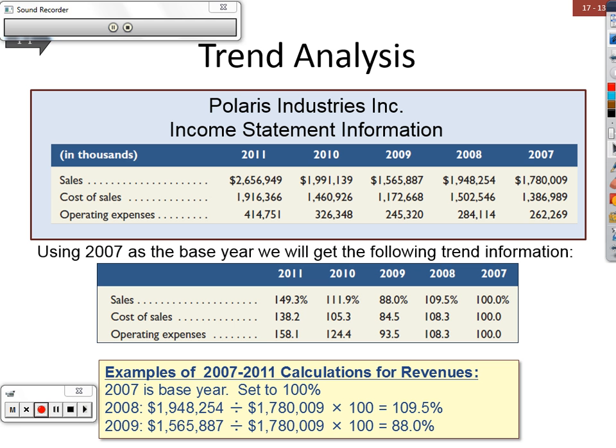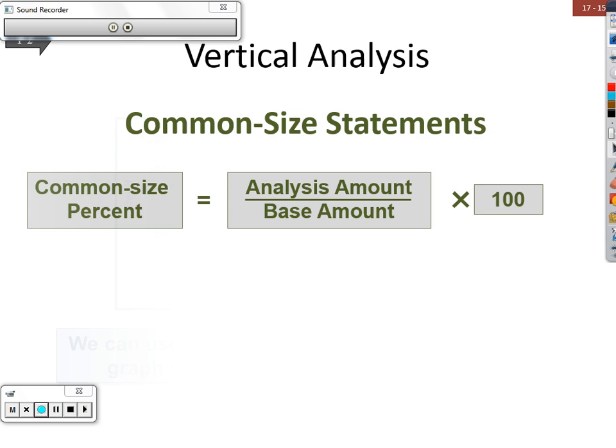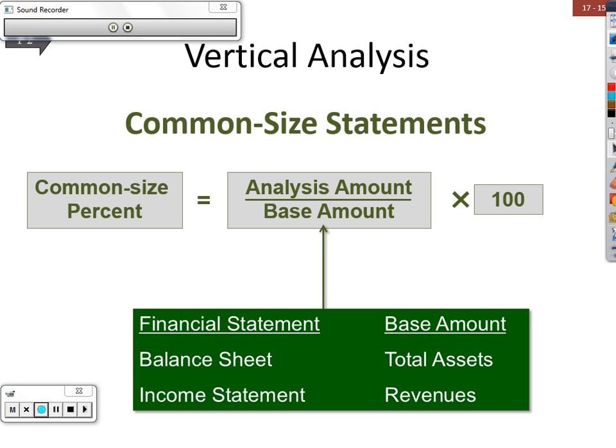Use the current year's amount divided by 2007 amount, multiply by 100, and we're going to get our trend percent. So the base year is generally the earliest year, or if you only have 2 years, the previous year. Okay, so they just grab that trend percent.